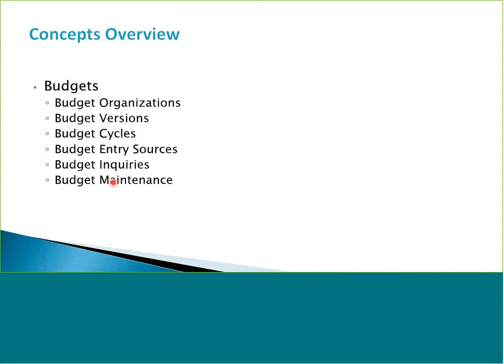Today we are hopefully going to continue with the concepts on budgets that we already started, from where we left off in the last lesson, and hopefully complete this topic of budgets. We already looked at budget organizations and budget versions, and created both of those features in our GL.